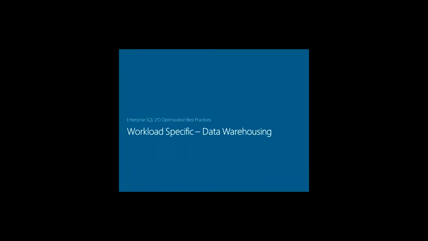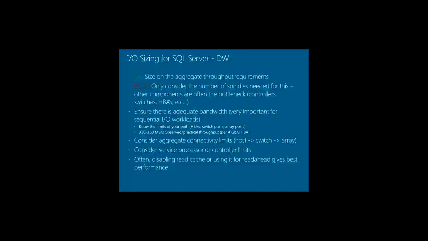Switching gears yet again, we're going to talk a bit about I/O do's and don'ts for data warehousing workloads. Unlike an OLTP system where you're sizing for an I/O per second metric, here you're going to look at aggregate throughput, or megabytes per second. So how fast can you scan all the data in a table? So don't consider only the number of spindles needed for this.